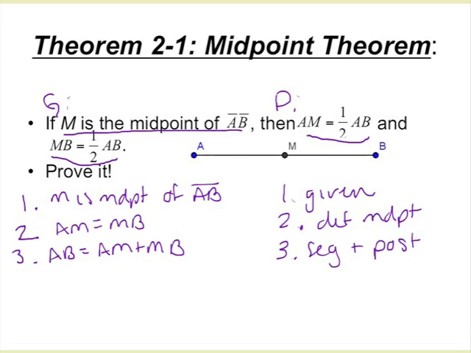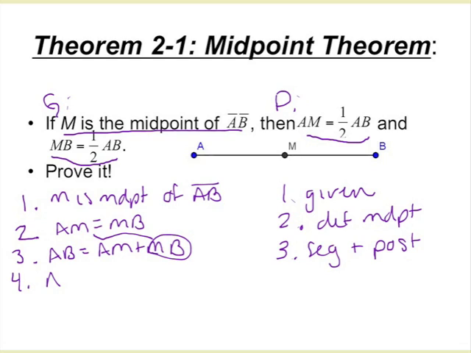Now this is good because I have AB back in the problem, which I need for our destination, keeping in mind what we're trying to prove. But I've got AM and MB. In the previous step, we said that AM and MB are actually exactly equal to each other. So what we can do is use them interchangeably. Instead of saying MB here, it's really the same thing as AM.